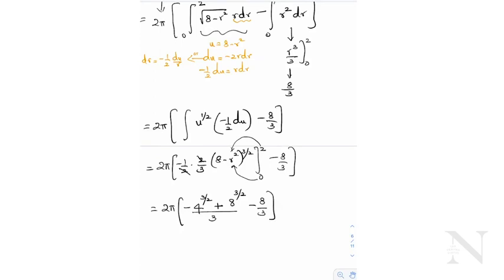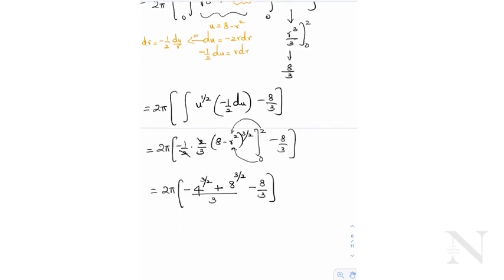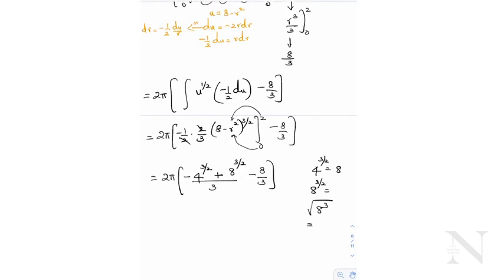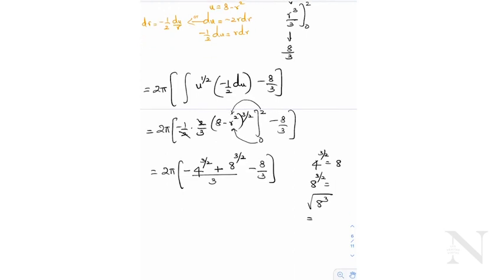Now, if you want, you can write that as your final answer and stop. You don't have to take your high power calculators out and write any decimals. But if you want, you can clean it up a little bit in a nice way. 4 to the power of 3/2 is the square root of 64, which is 8, and 8 to the power of 3/2, these simplifications are optional, is the square root of 8 to the power of 3, which is the square root of 8 squared times 8.